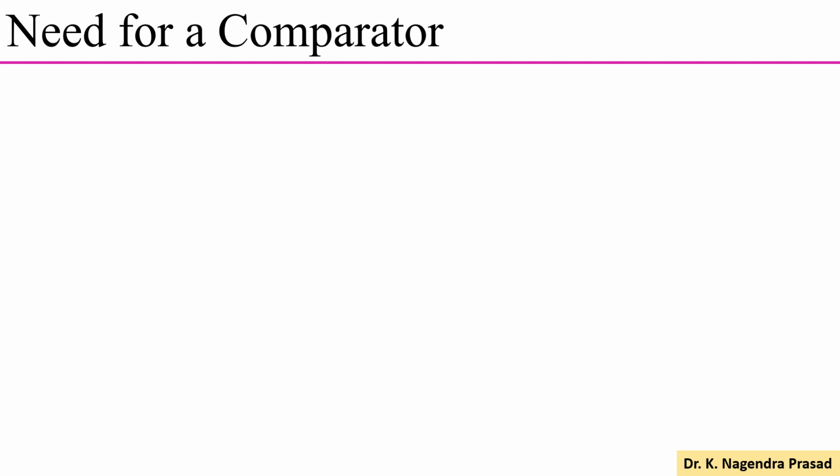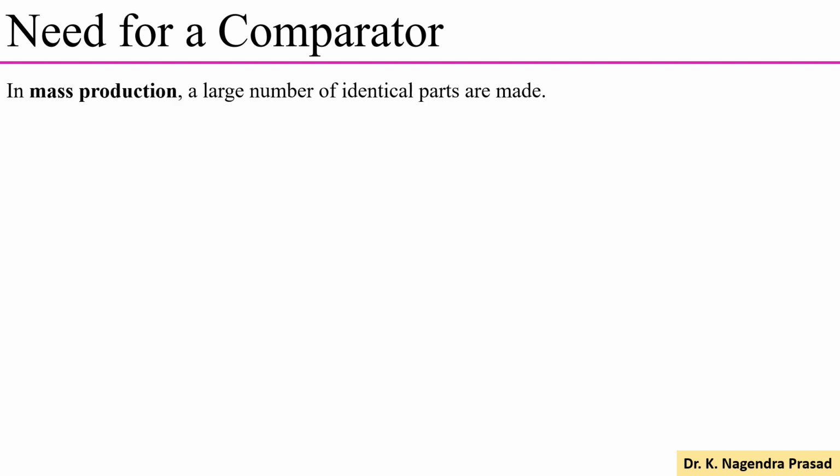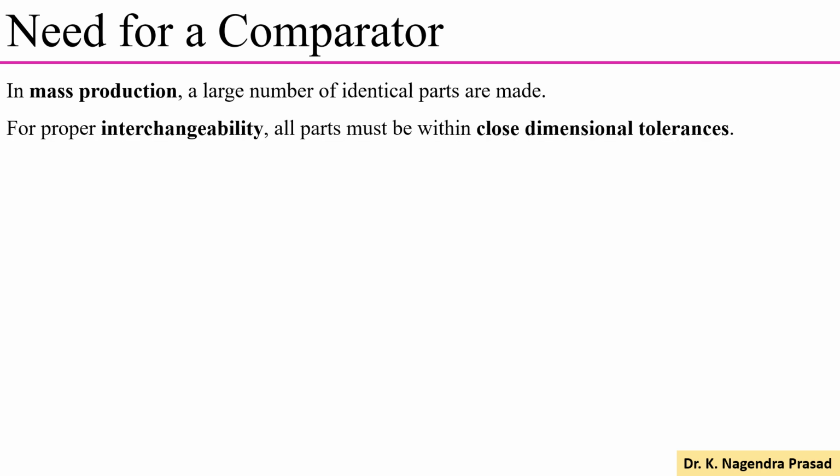Next we will discuss the need for a comparator. In mass production, a large number of identical parts are made. For proper interchangeability, all parts must be within close dimensional tolerances. So in mass production, similar parts are produced in large numbers.